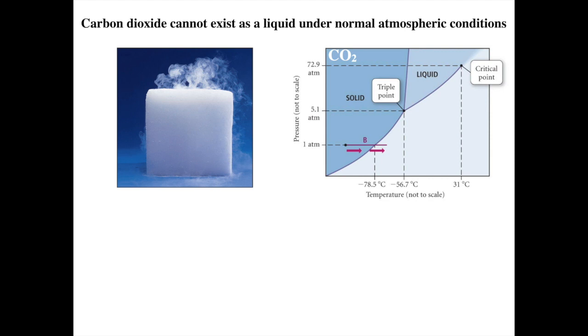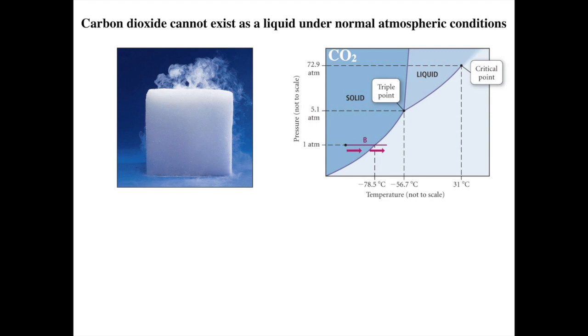For CO2, carbon dioxide, the answer is no. You see a picture of dry ice there, and it's subliming into the gas form. You cannot melt carbon dioxide, dry ice, on Earth unless you have some special conditions where you increase the pressure.